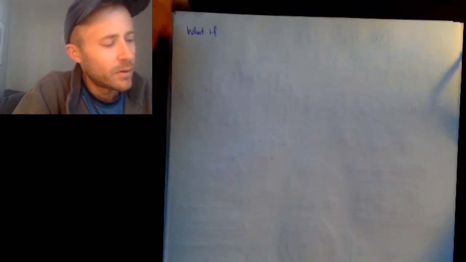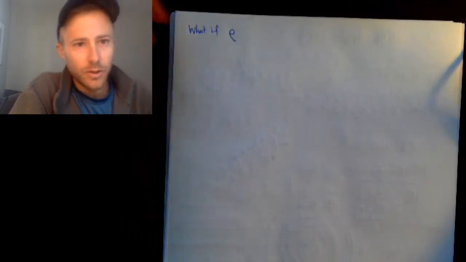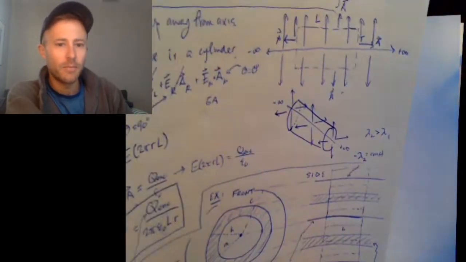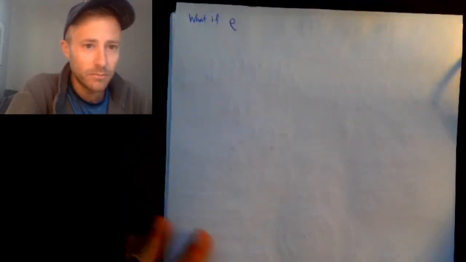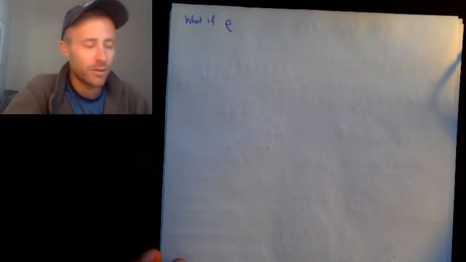Now we're going to talk about what if the charge, so these were all sort of thin one-dimensional things, but what if we have a bulky wire, not a wire that's infinitesimally thin?